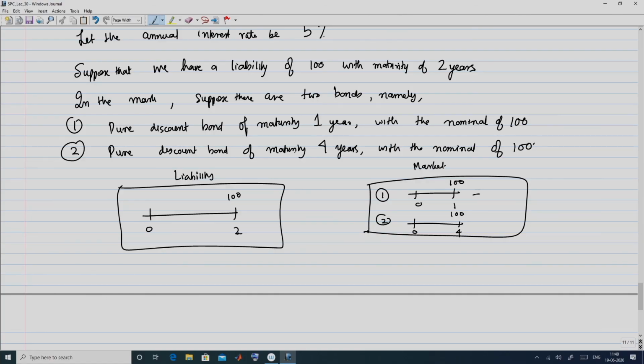And the question is, of the initial amount of money that I have, namely 90.70, what proportion should I invest in the first bond with 1-year maturity, and what proportion or weight should I assign to the second bond with the 4-year maturity.